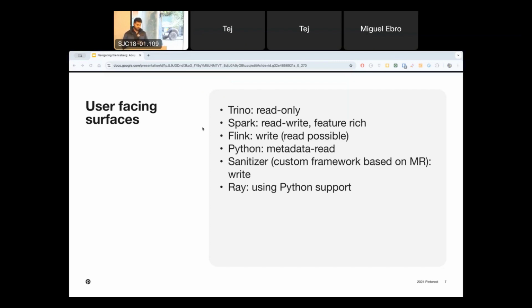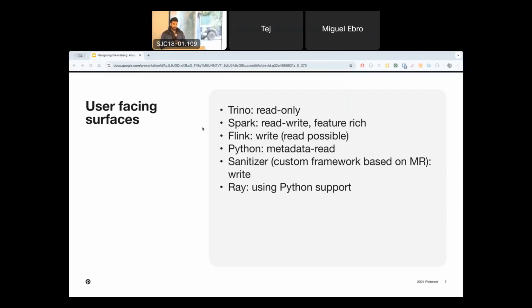It enables users to do read and write. Also, there are a bunch of procedures that come with Iceberg, and then we have custom built a lot of procedures at Pinterest to suit our particular users' use cases. On Flink, it's mostly the write support that we allow users, and one of the use cases that we'll talk about today is from Flink.